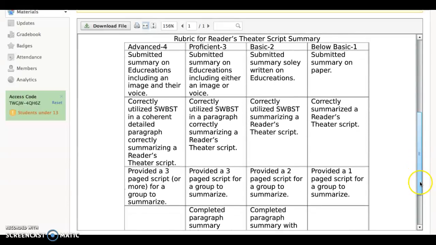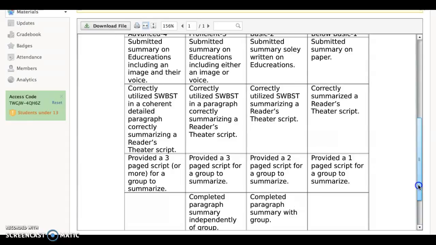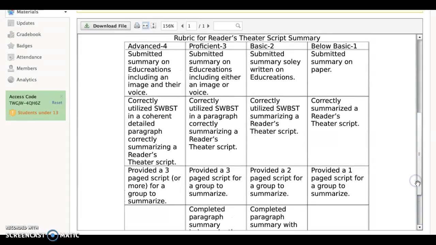So I provided this rubric because our school uses the advanced, proficient, basic, and below basic, and the goal is for everybody to be a 3, but we give them the opportunity to go higher. And so this just kind of gives them an idea of what they need to do to get their grade.